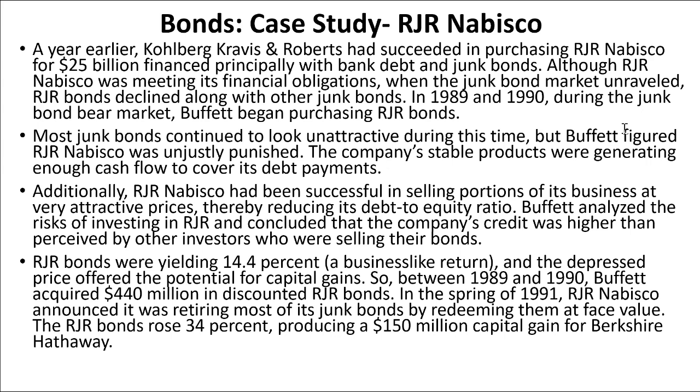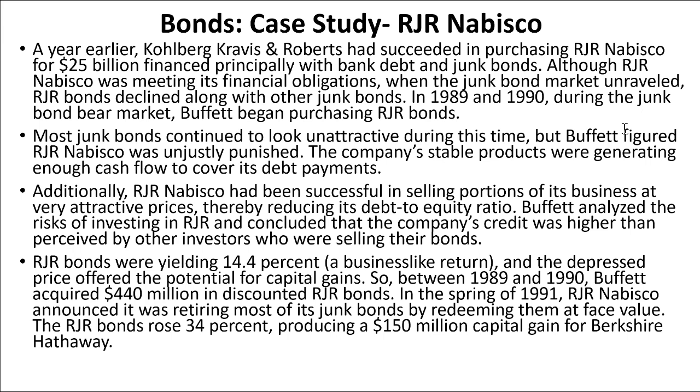In 1989 and 1990, during the junk bond bear market, Buffett began purchasing RJR bonds. Most junk bonds continued to look unattractive during this period, but Buffett figured that RJR Nabisco was unjustly punished. The company's stable products were generating enough cash flows to cover its debt payments.